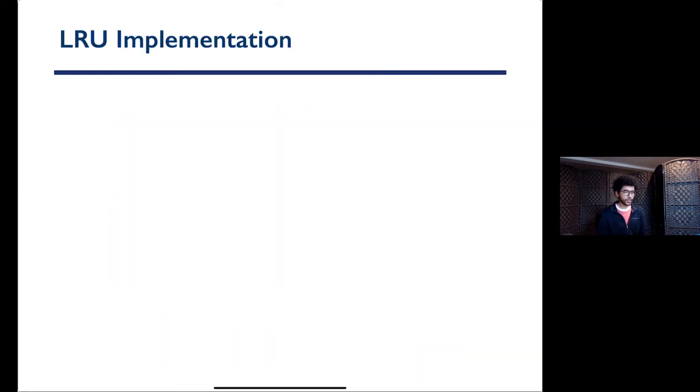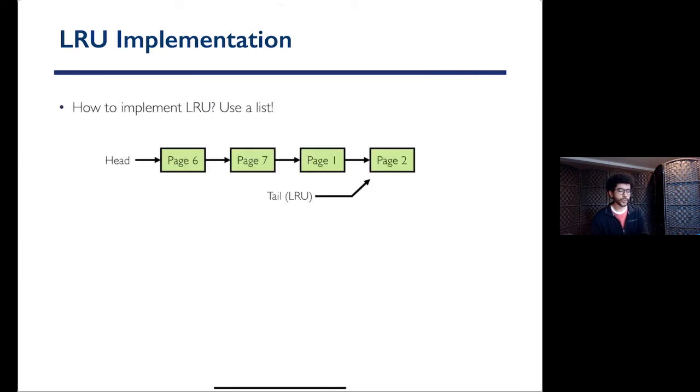Okay, now we're done with that. Let's talk about implementing LRU. In an ideal world where you actually get to know which pages were accessed exactly, you could have a simple algorithm for LRU. You could potentially have a list of all the pages in your memory. Every time a page is accessed, you bring it to the head of this list.